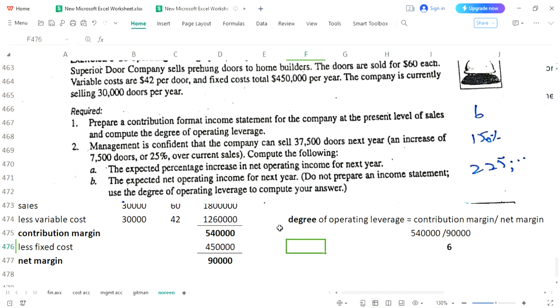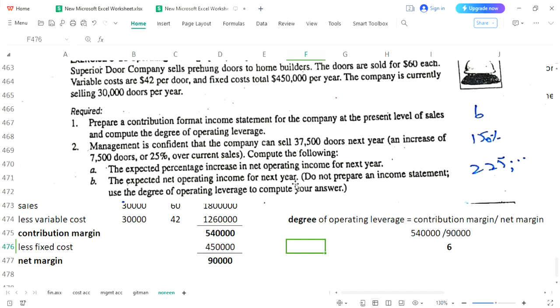But he doesn't want us to make the income statement. We will just use the degree of operating leverage to calculate his requirement. So he wants us to calculate the expected percentage increase in net operating income and the expected net operating income for the next year.